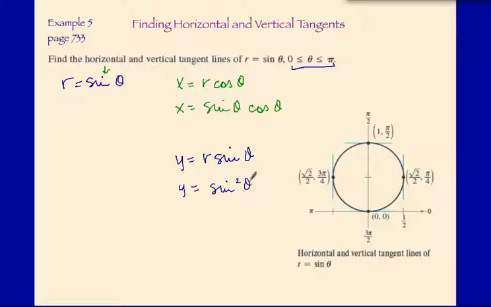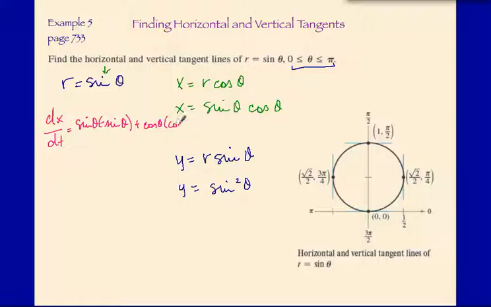Now, let's take the derivatives of each of these functions. First, let's take the derivative of the x function, dx/d theta. We're going to have to use the product rule, so it'll be first times derivative of the second, sine theta times negative sine theta, plus the second times the derivative of the first, cosine theta times cosine theta.